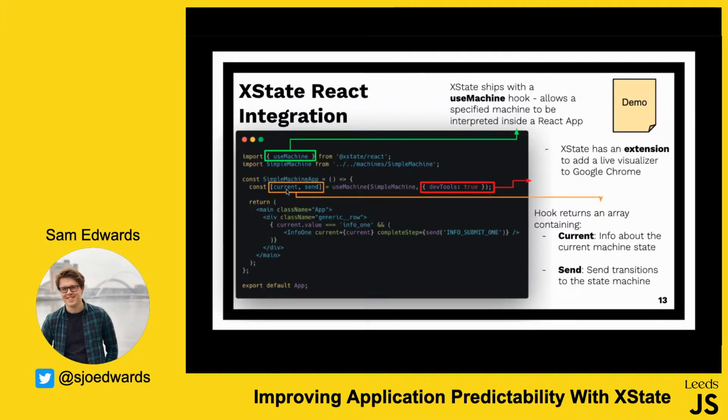Current is what is happening in your application at that point in time. It's like a massive object which contains contextual information about the machine. And send is how you dispatch actions in order to move between the different states in your machine. So you can see in this app, what it's saying is that if I'm in state info1, then render this in the JSX. When I call complete step, call send, and then move me to the next stage of my application. That is how you progress through the flow.